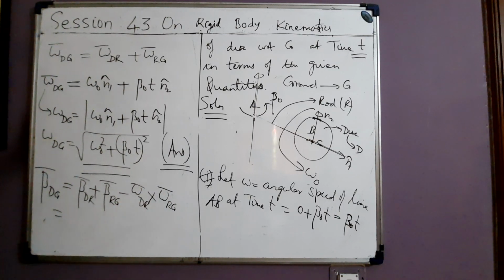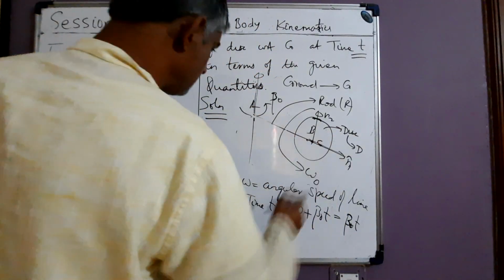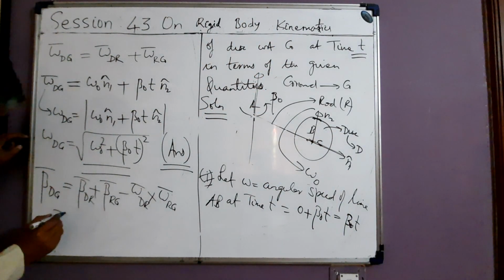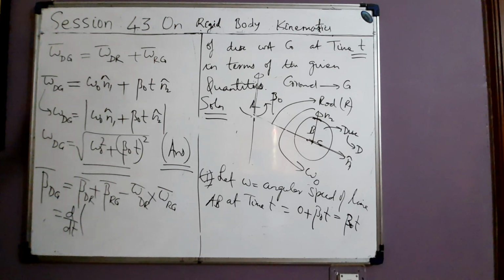Beta dr is the angular acceleration of disk with respect to line AB.